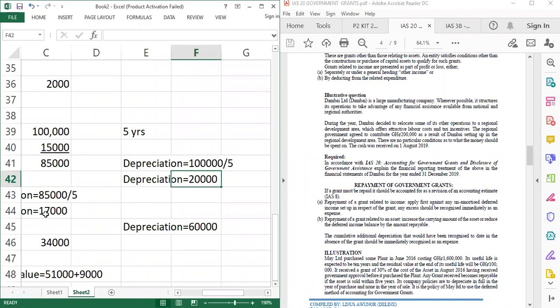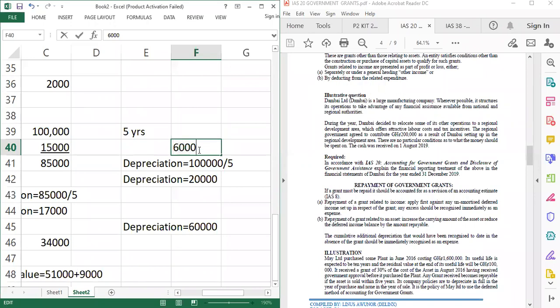It means that we have undercharged the depreciation by 3,000 over 2 years. So what are we going to do? Since this is an estimate, we add the 6,000 to the new depreciation now and send it to statement of profit or loss.